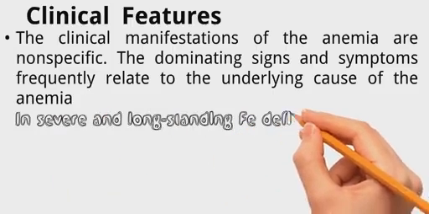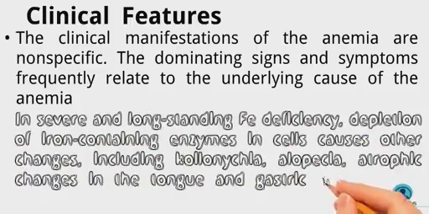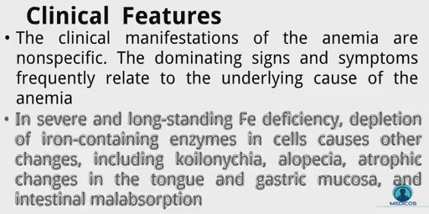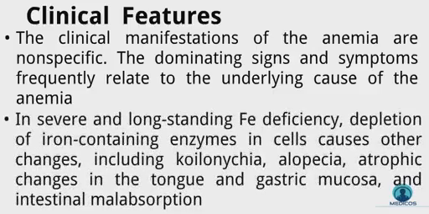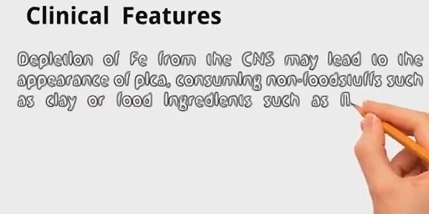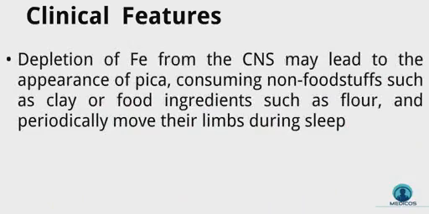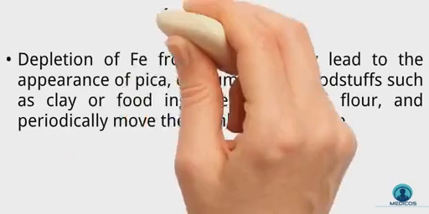In severe and long-standing iron deficiency, depletion of iron-containing enzymes in cells throughout the body also causes other changes, including koilonychia or spooning of nails, alopecia or loss of hair, atrophic changes in the tongue and gastric mucosa, and intestinal malabsorption. Depletion of iron from the central nervous system may lead to the appearance of pica, in which affected individuals consume non-foodstuffs such as clay or food ingredients such as flours, and periodically move their limbs during sleep.